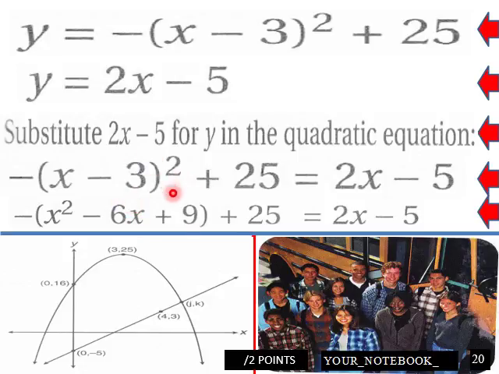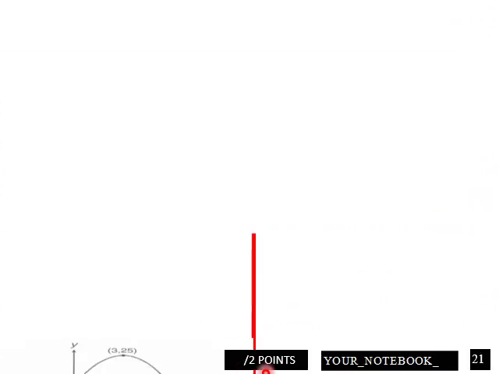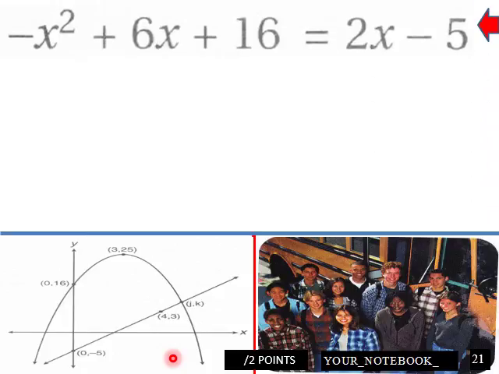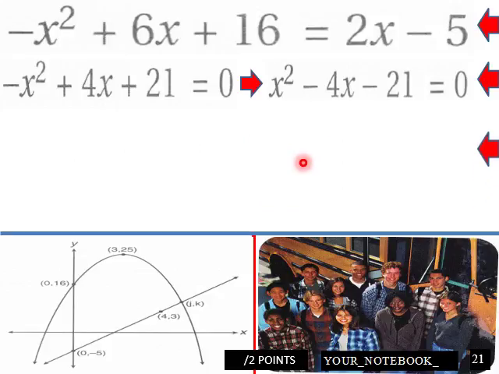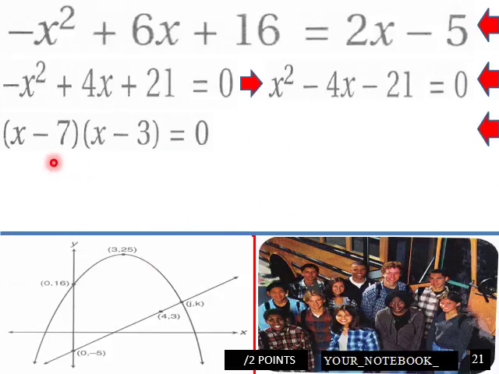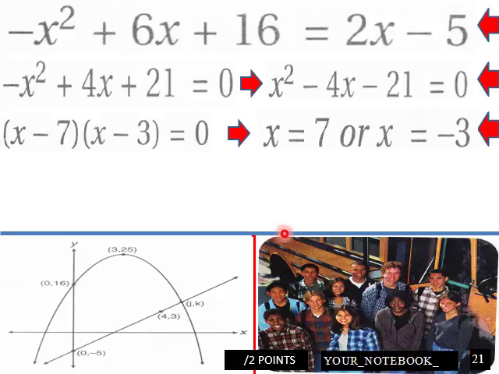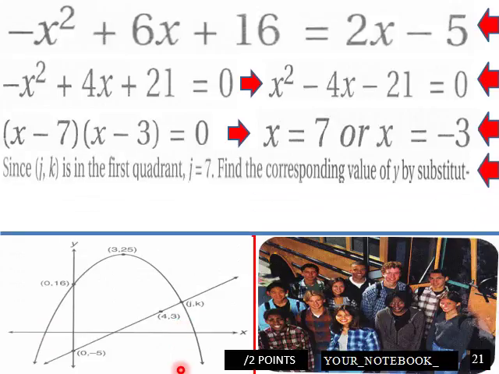We expand our square here and combine like terms, and we end up with this quadratic, which we can factor: (x minus 7)(x minus 3) equals 0, so x equals 7 or x equals 3, so 3 and then 7 here.